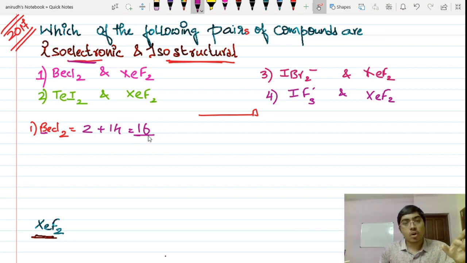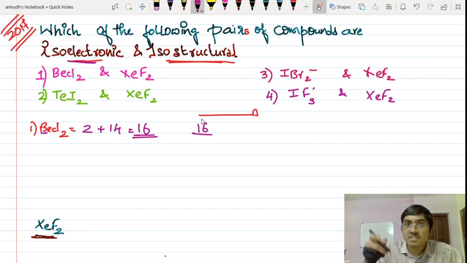Now once you get the total number of valence electrons, divide it by 8. What will I get if I do that? This is directly divisible. 2 is the quotient, isn't it? This quotient is the number of sigma bonds, or I can say bond pairs.